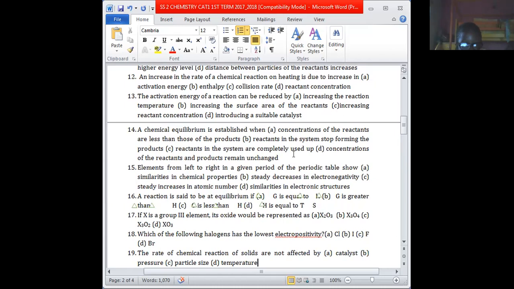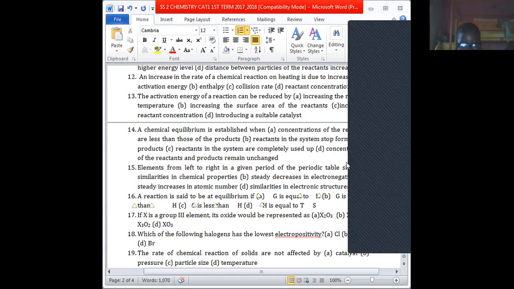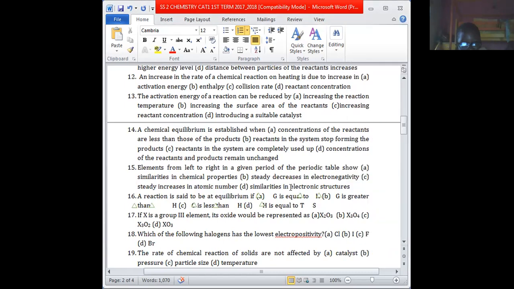Number 15. Element from left to right in a given period of the periodic table shows C. Steady increase in atomic number, correct. Number 16. A reaction is said to be at equilibrium if A.